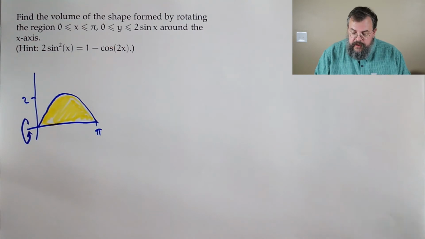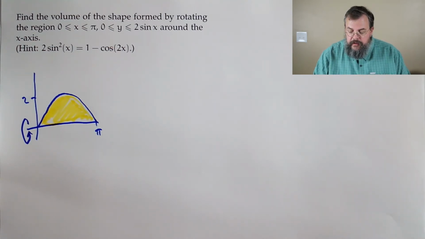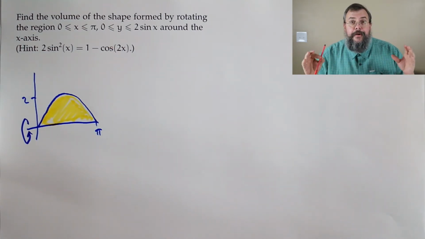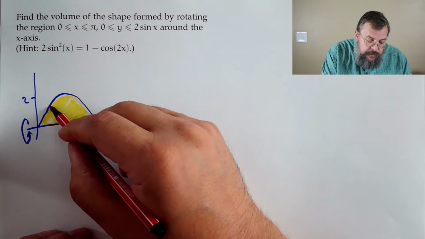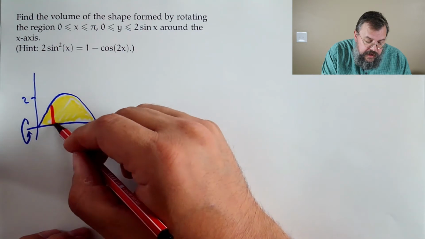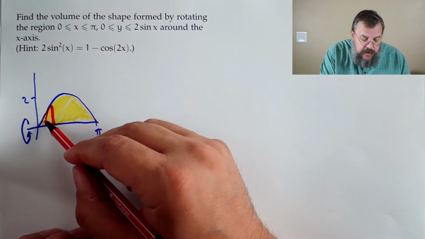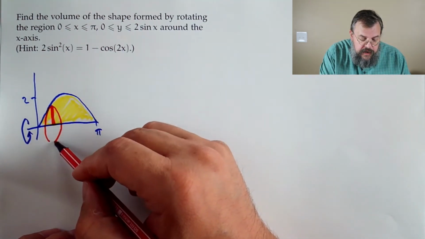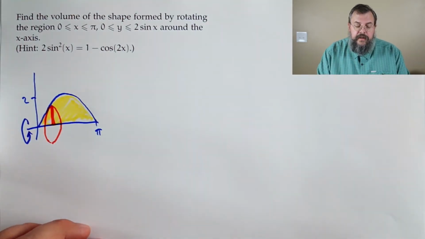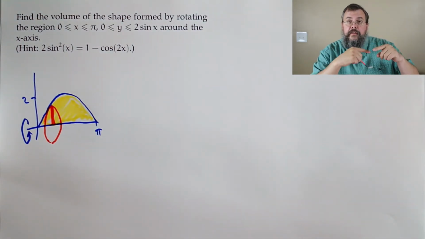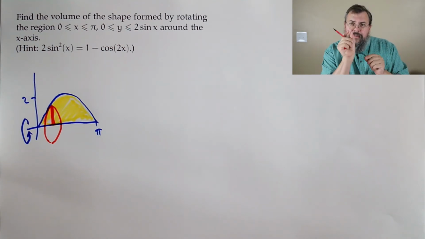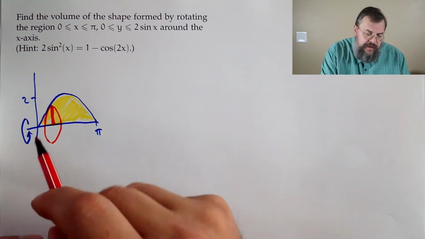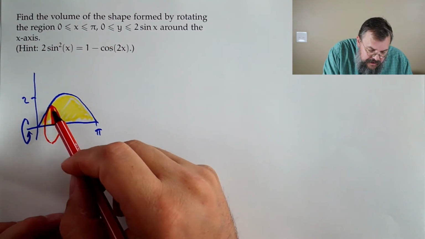So let's think about our basic thing. What's going on? Well, we start with a small slice, and if you spin it, what shape gets formed? The answer is you see a circle, or if you want to be fancy, a disc. The reason we call it a disc is there's a little bit of thickness here, a little tiny bit of thickness.